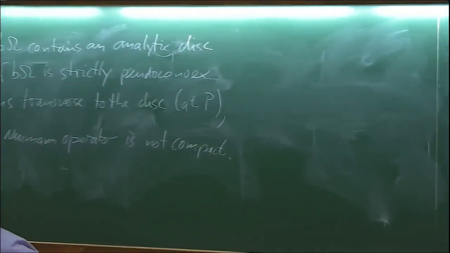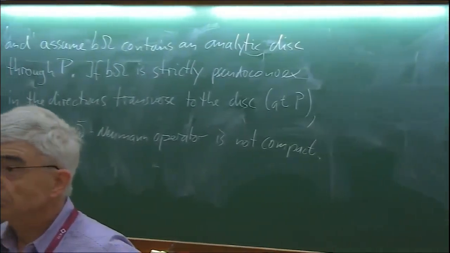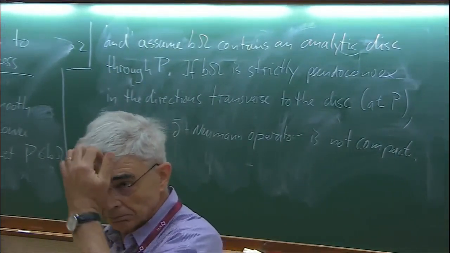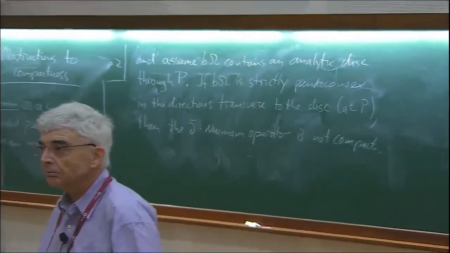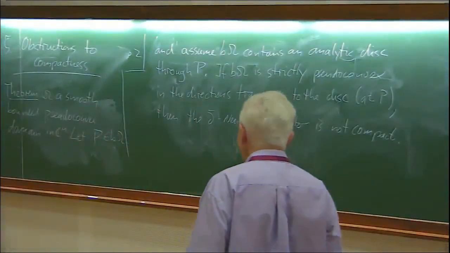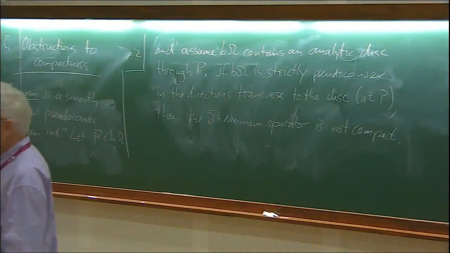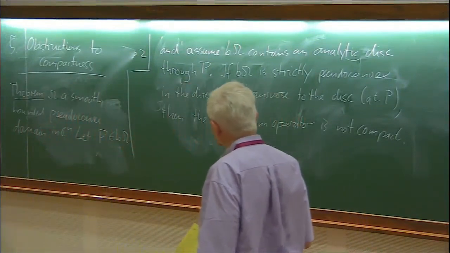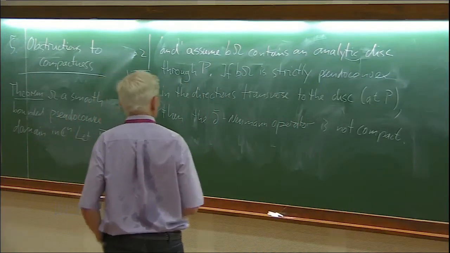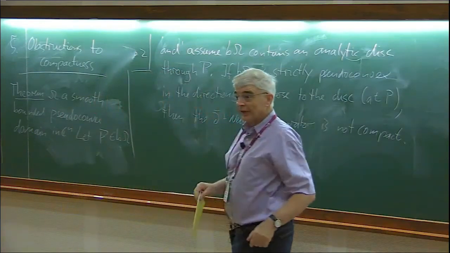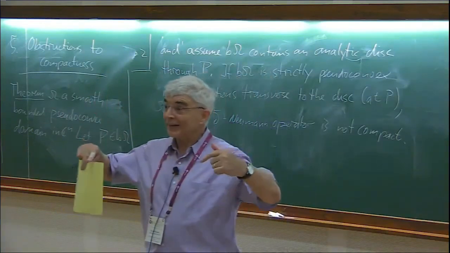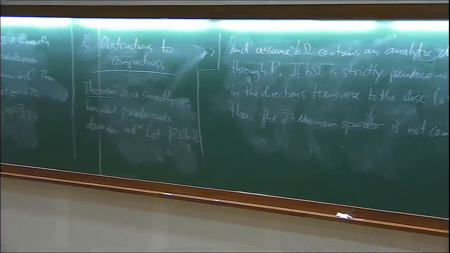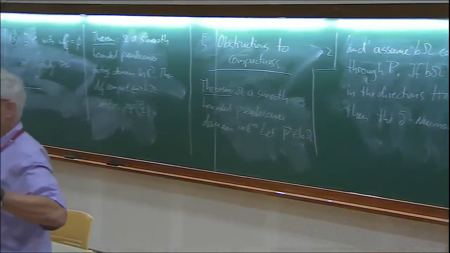If in fact we didn't have that condition, presumably the Neumann operator would still be non-compact. Well, that's the thing. That's a good comment, which I was also about to make, right? Clearly this condition should not be there because if it's more flat, that should be even more conducive to non-compactness. That is exactly right.